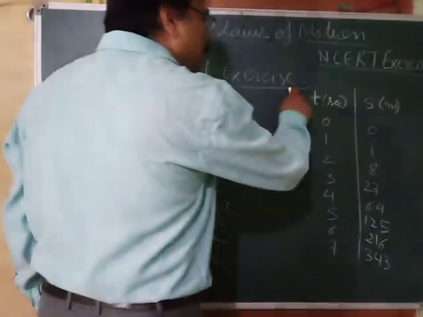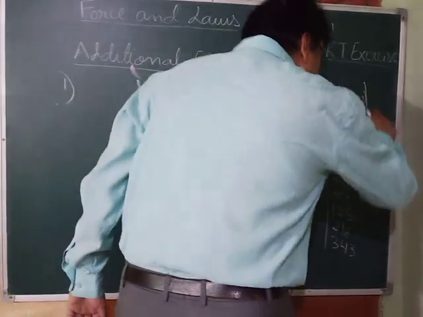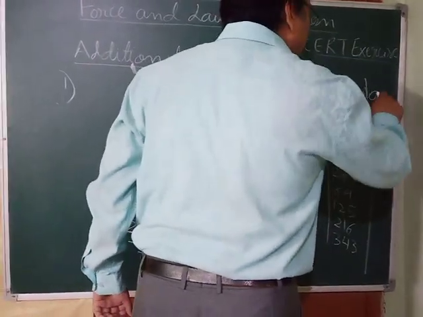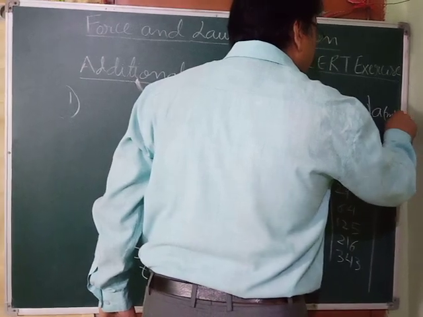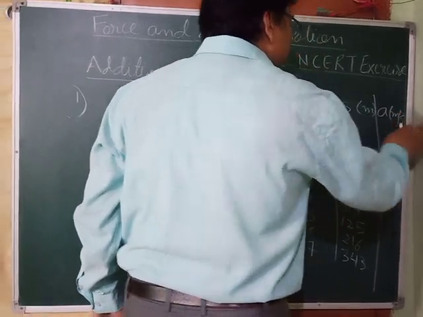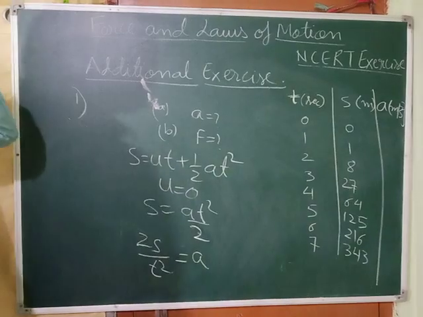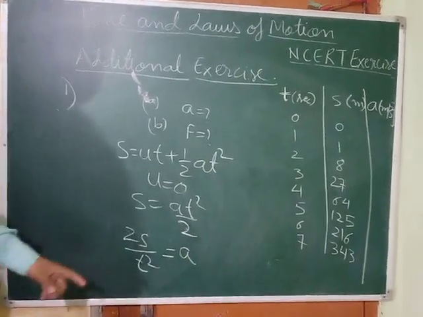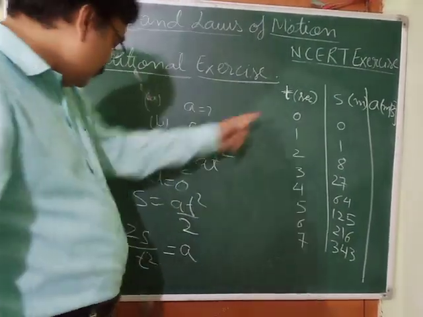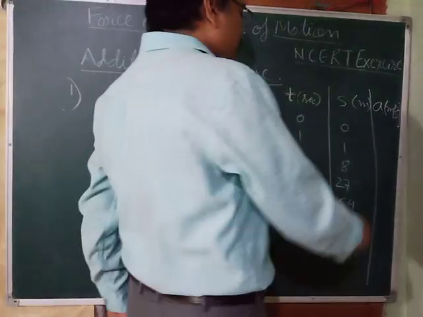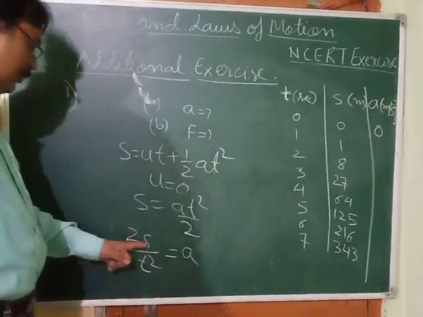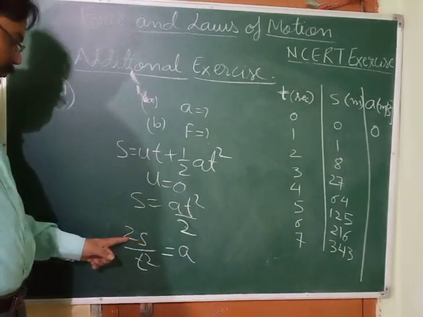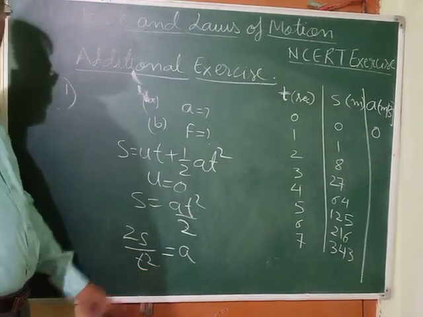So we can draw a line over here and we can get the acceleration in meter per second square. Now s is 0, t is also 0. 0 by 0 is how much? 0. Now 2 into 1, because distance is 1 meter, so 2 into 1 is 2, and 1 square is 1.